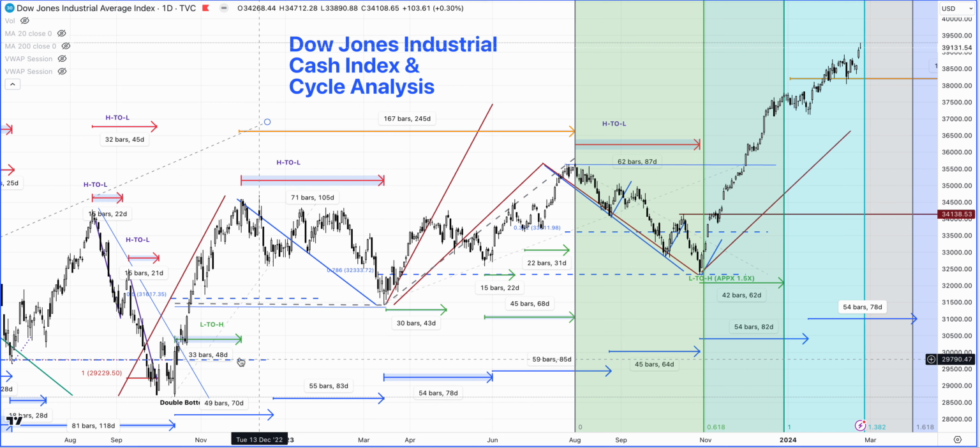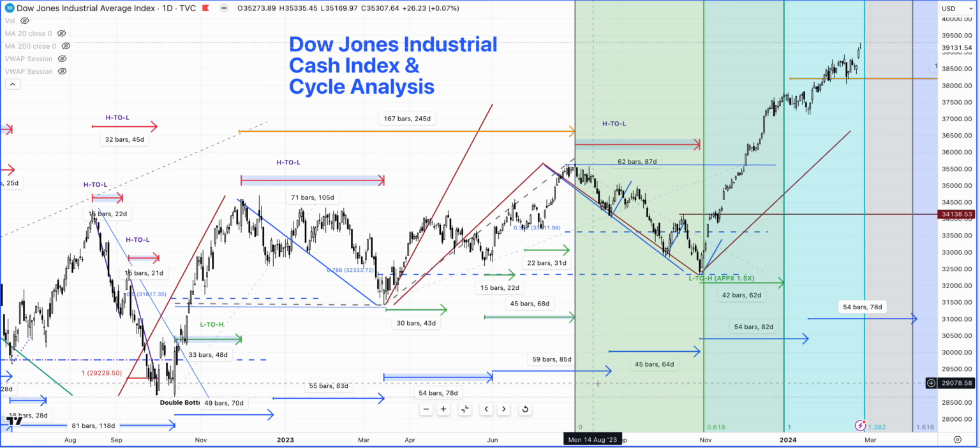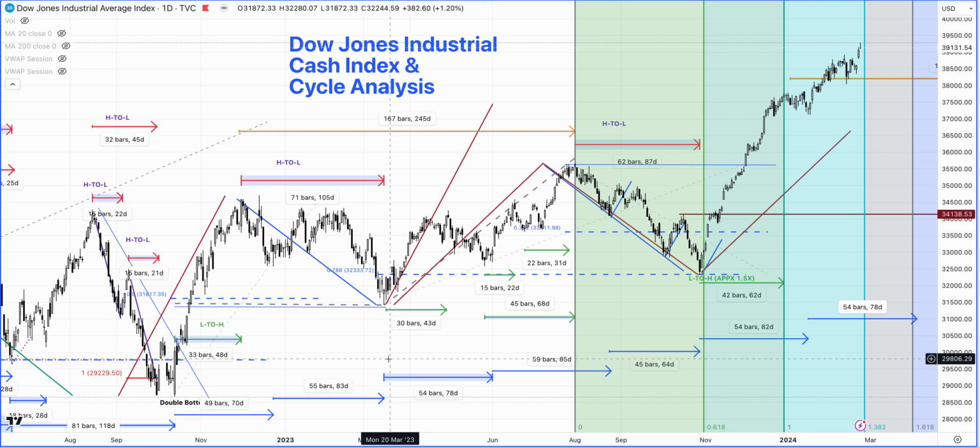If we measure this low and this low, the harmonic mean is coming around 54 trading days, roughly speaking. Sometimes these cycles expand, sometimes they contract, they could contract by half, or they could extend by a half as well.